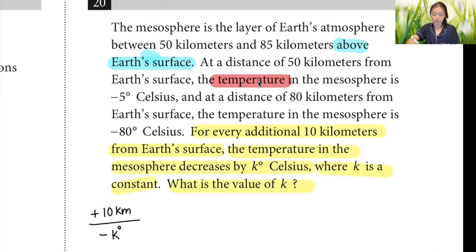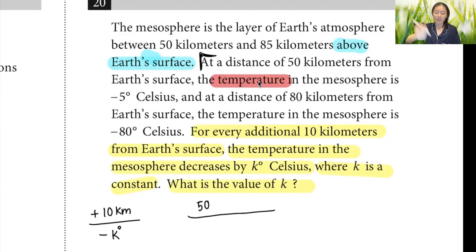What's really important starts from this part that I just marked: at a distance of 50 kilometers from Earth's surface. So this is talking about the kilometers, not the temperature. The temperature in the mesosphere is -5 degrees Celsius. We need to construct it in a way that matches the fraction we constructed earlier. So the kilometers should be at the top, the temperature at the bottom.